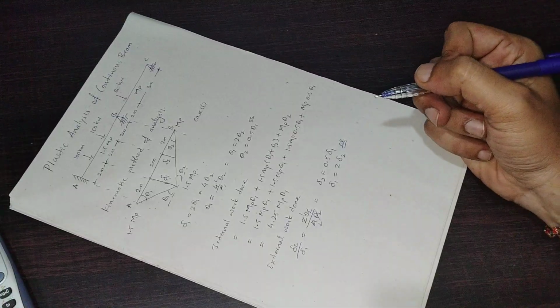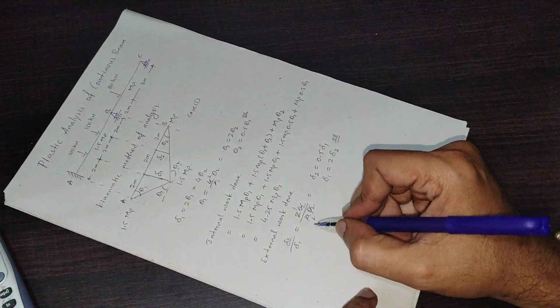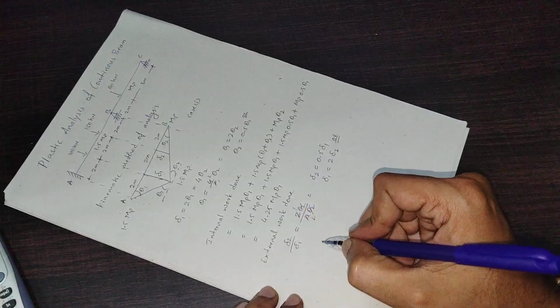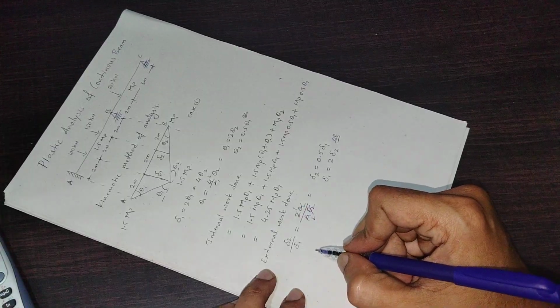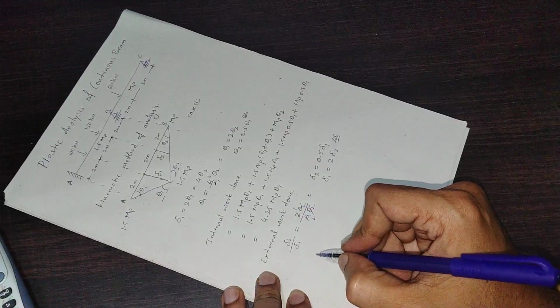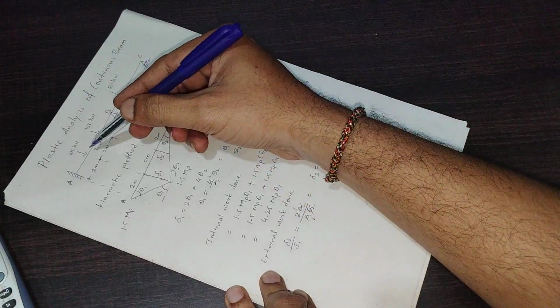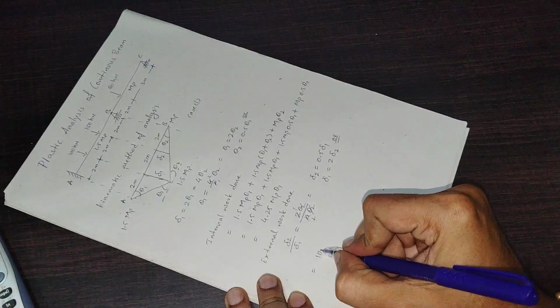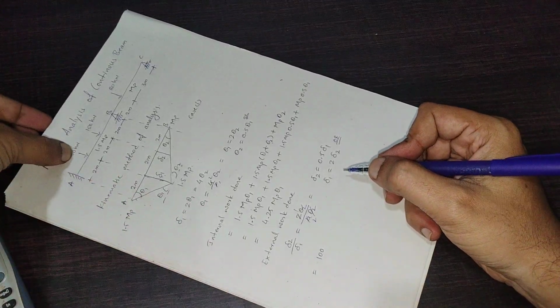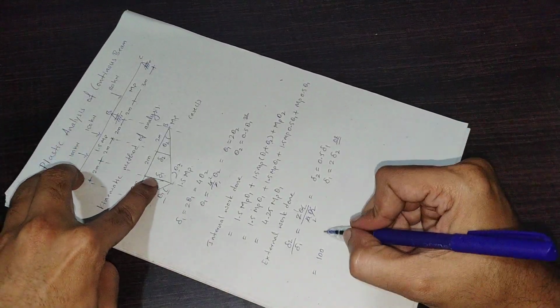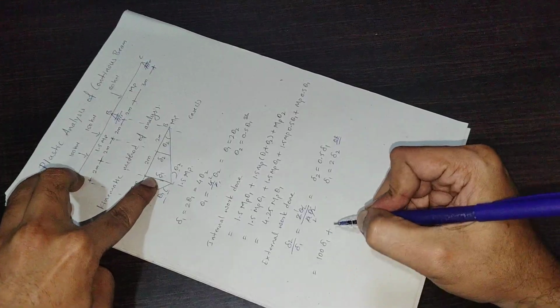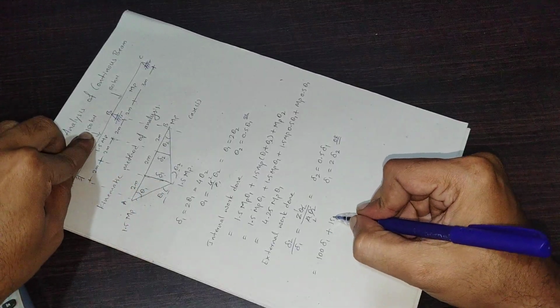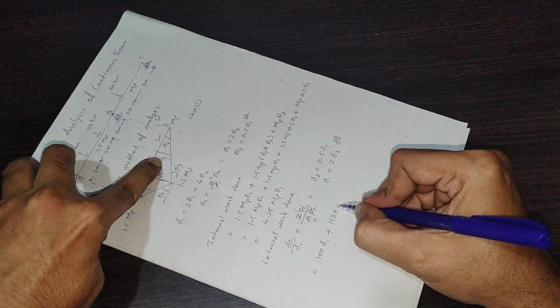In both cases we can solve it. So now our aim is to get the external work done. The external work done is obtained by considering load times deflection, right? So for the 100 kilonewton load, I got deflection delta 1, plus under the 150 kilonewton load, I got deflection delta 2.